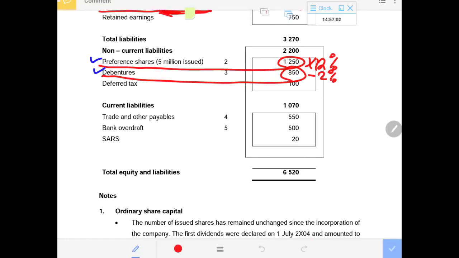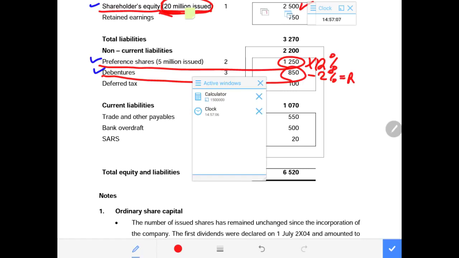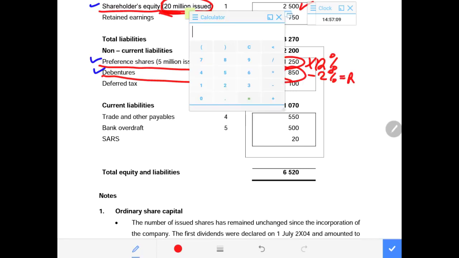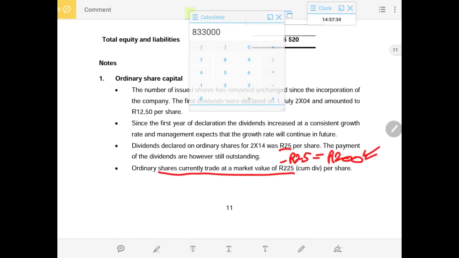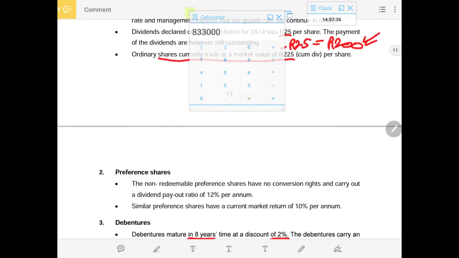So the amount that will be paid in the future will be 850,000 rands times 98%, and this will be 833,000 rands, which is the amount that will be paid in 8 years to come to our debenture holders.